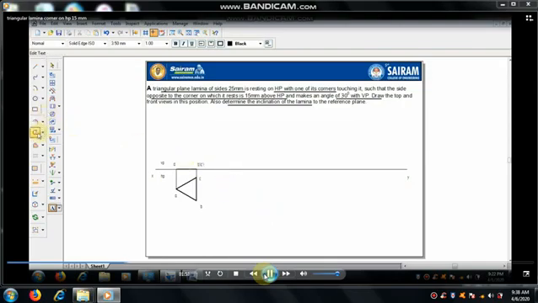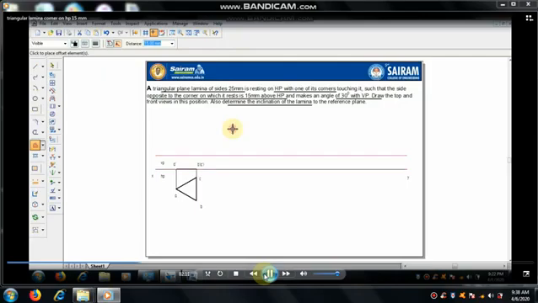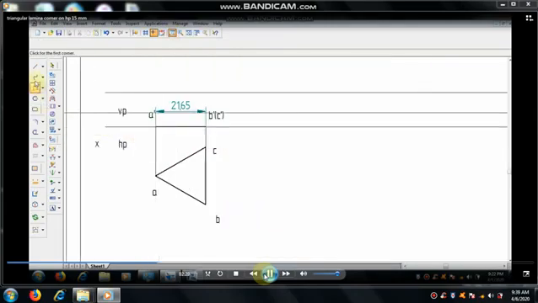Now next is the side opposite to the corner on which it rests is 15 mm above HP. So we have to make a line above HP by using the offset command. Now keep a point and we have to make an arc for the distance which is given in the front view.